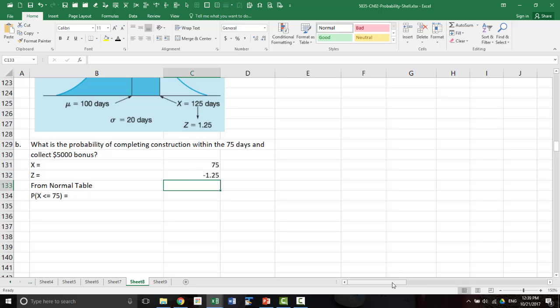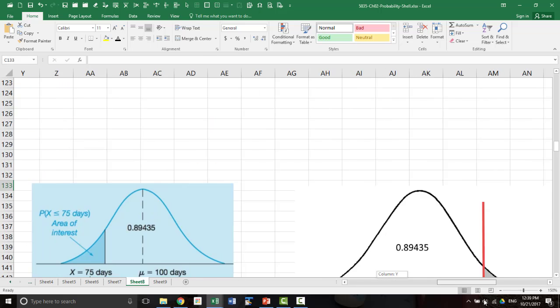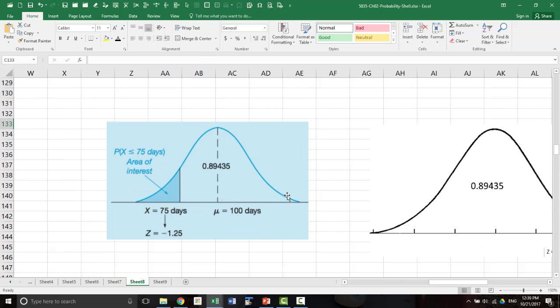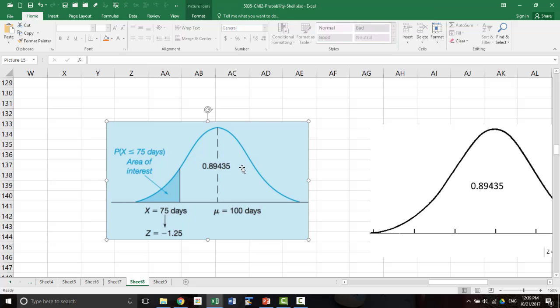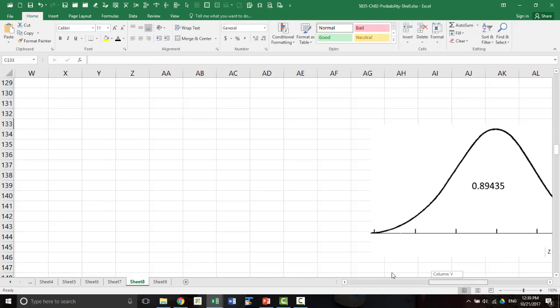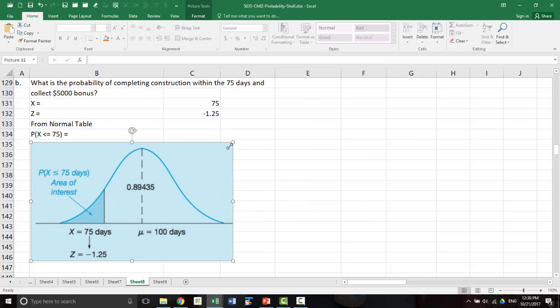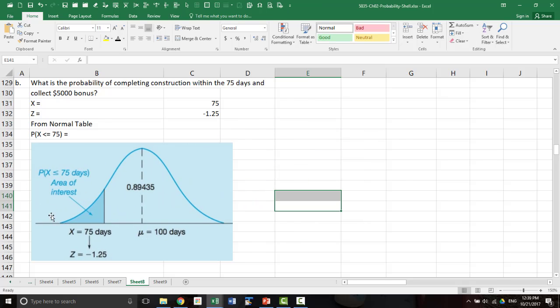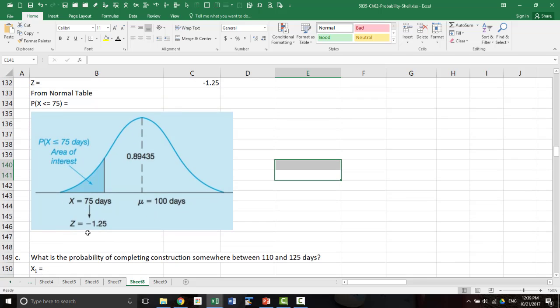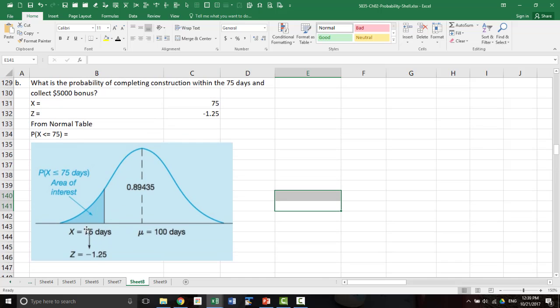Now the probability that we want is this. X is 75, the mean is 100. X is now converted into a value of Z, which is minus 1.25.